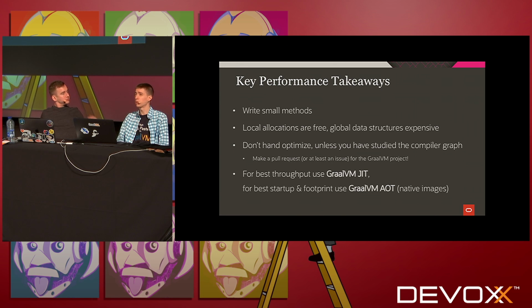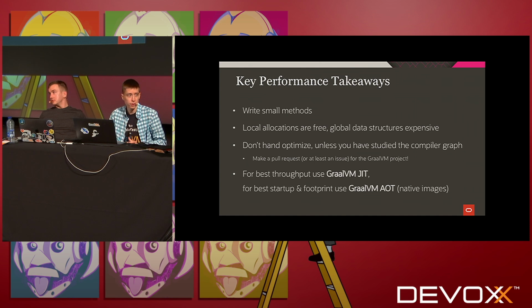What's important is writing small methods in your code. The reason is that the JIT compiler can inline methods very easily, but has a very hard time outlining methods. So it either inlines the full method or nothing. If you write small methods, you give the JIT compiler a lot of choice. If you write big methods, you don't.